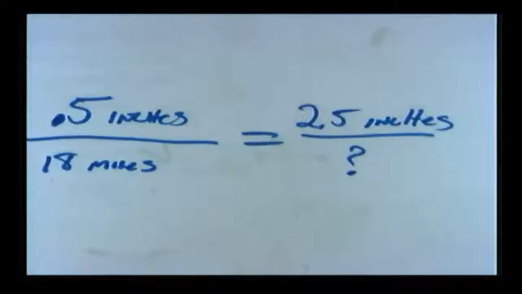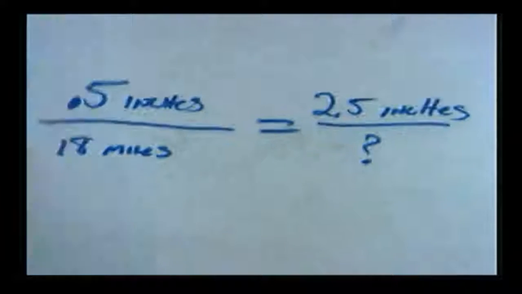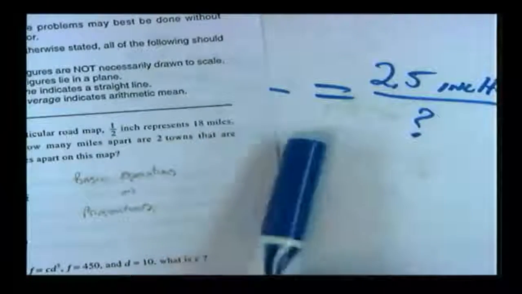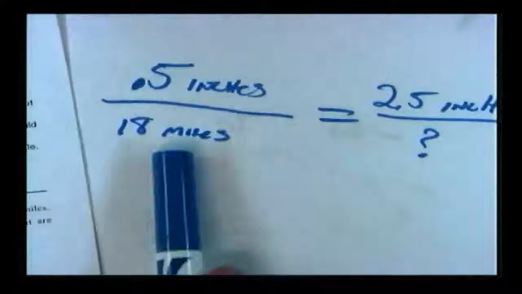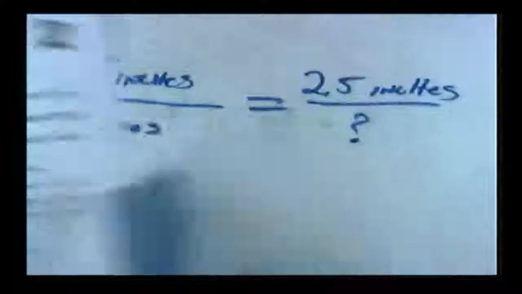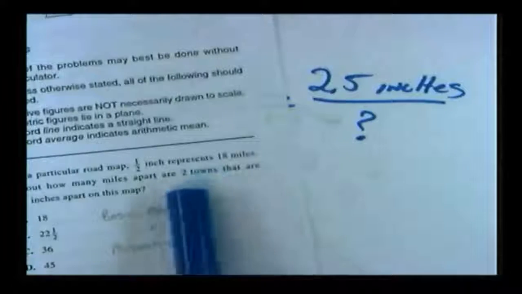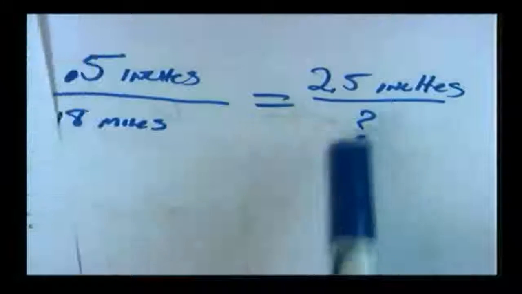So we're zoomed in a little bit there, but now you can see how I've set up a proportion. I've been told in my story problem that half an inch represents 18 miles, so I have half an inch is to 18 miles. And I've been told that two towns are 2.5 inches apart, so 2.5 inches is to how many miles?